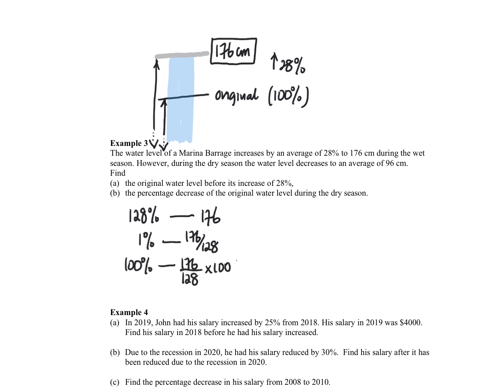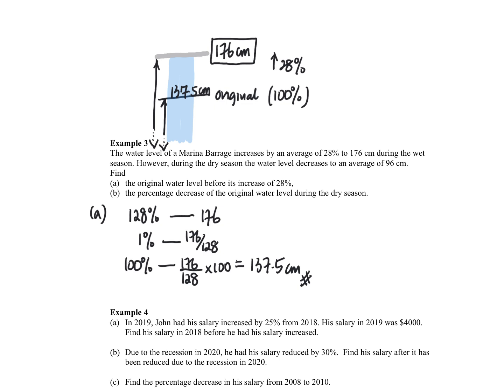So go and calculate. You get a very neat 137.5. So the original height is 137.5 cm. So this is part A's answer.